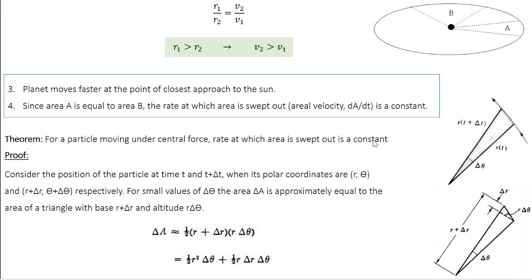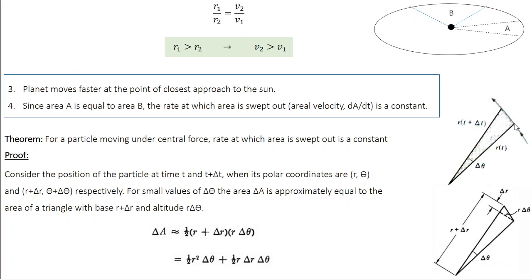So let's try to prove this using more rigorous mathematics. Let's assume that at a time t, this is the position of the particle in the central force field. Since this is a rotational motion, let's resort to the polar coordinate system.